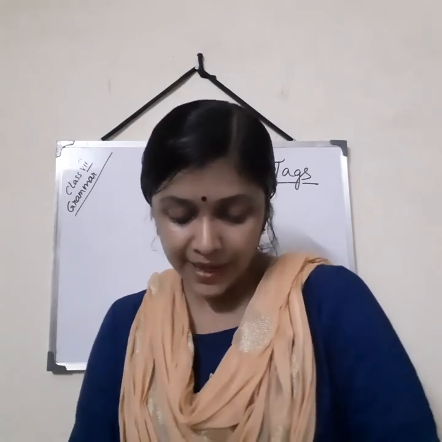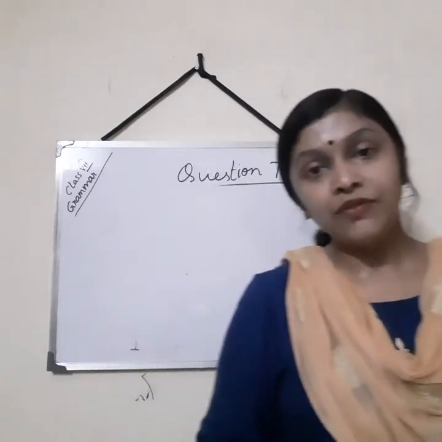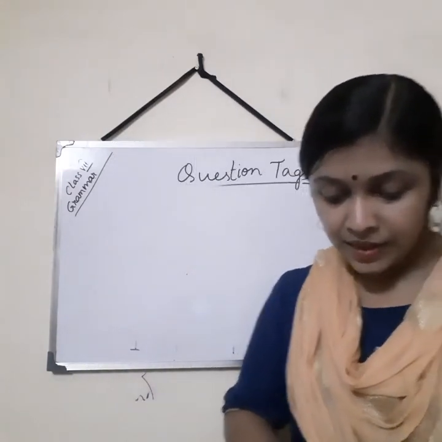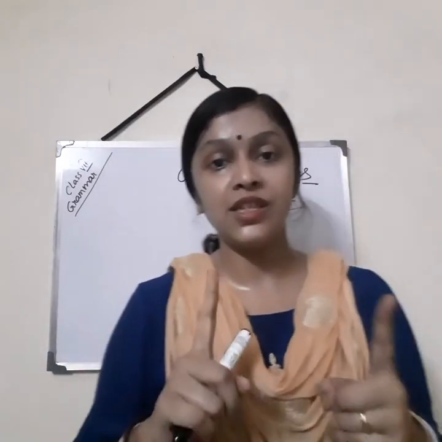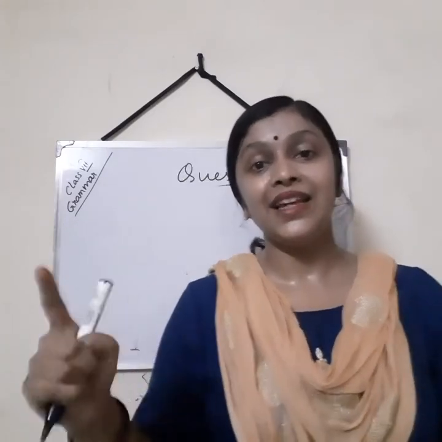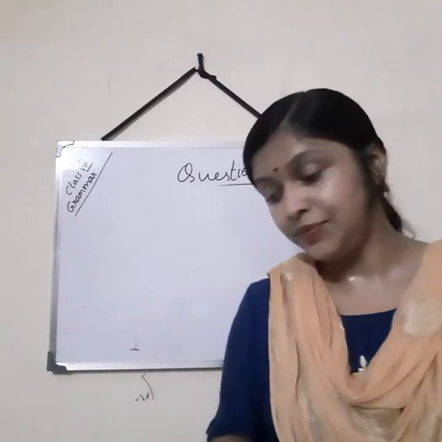It's a very simple exercise. Let us solve it together. Add appropriate question tags to the following statements. Number one is these students are really intelligent. So let us first identify the auxiliary verb and whether the statement is positive or negative, and then add the appropriate question tag. Okay, let us begin.